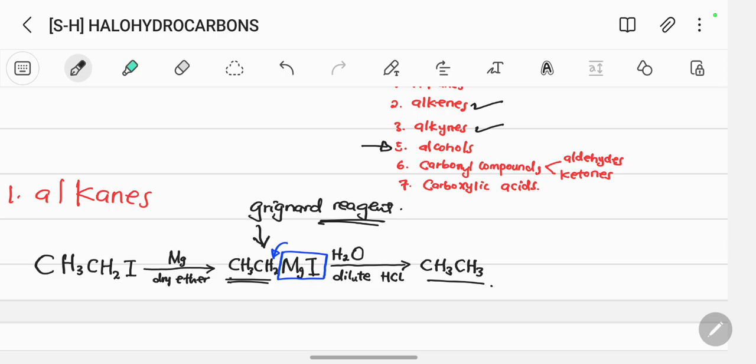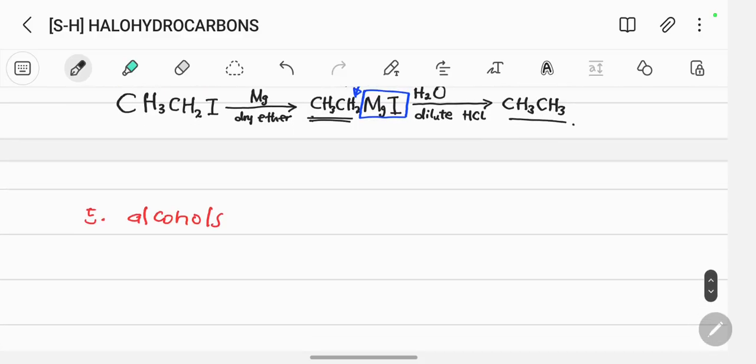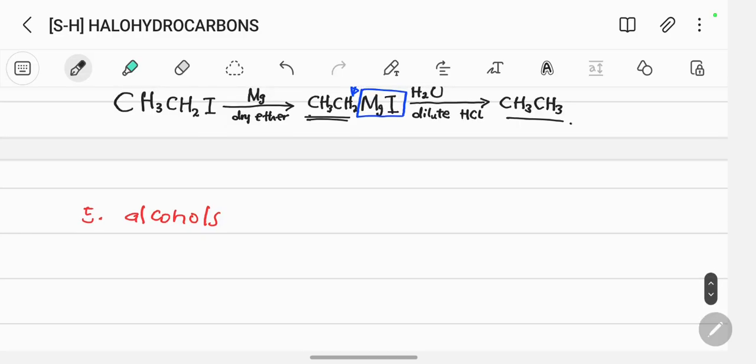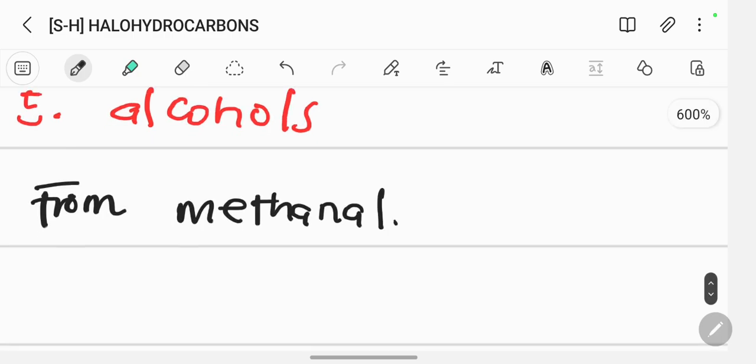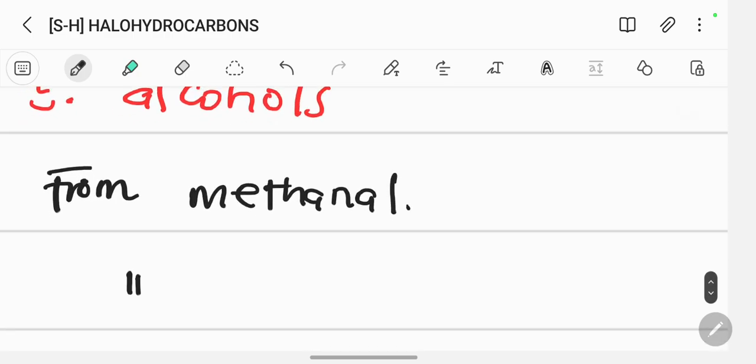And in preparation of alcohols, we use carbonyl compounds. So preparation of alcohols from methanal, which is an aldehyde. HCHO.